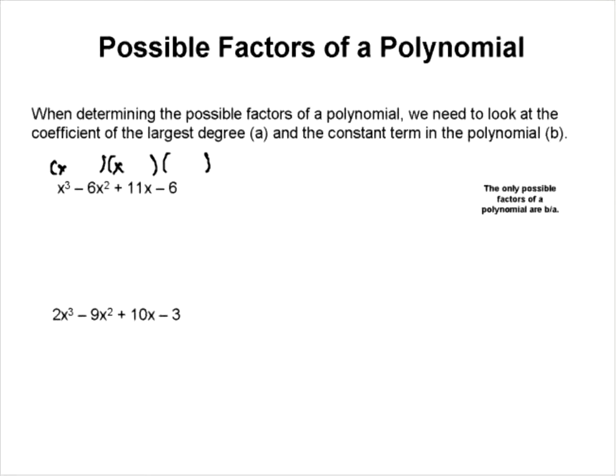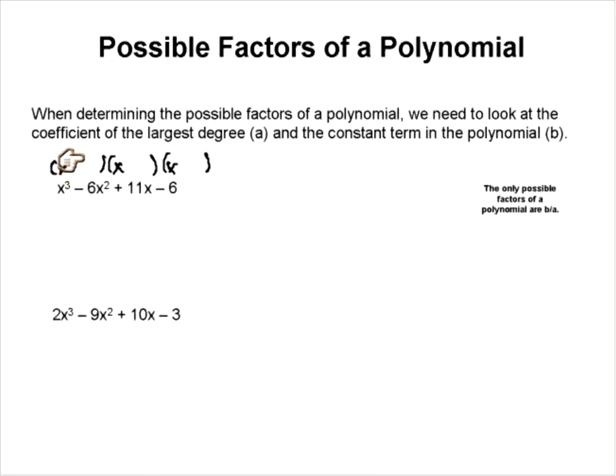And we know if we have x cubed, we're going to have an x here, an x here, and an x here. And if you remember when we expanded out a cubic, it's going to be really, really messy. But what's going to happen, and this is always going to be true, is to get this first number, we had to multiply x times x times x, gives us x cubed.